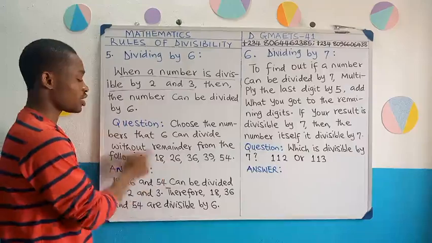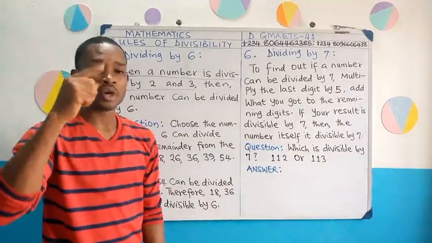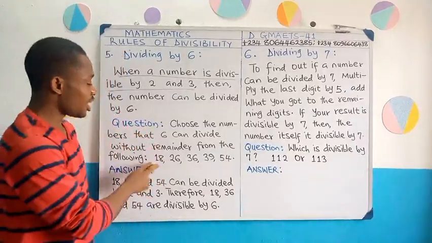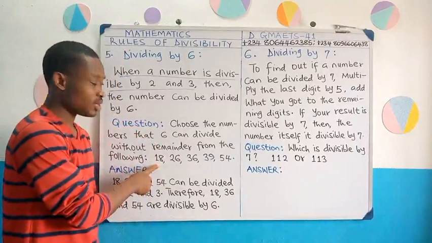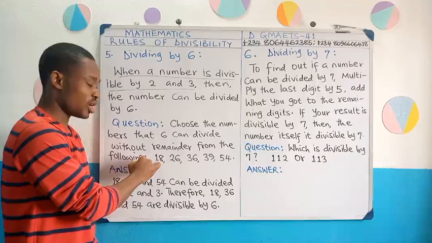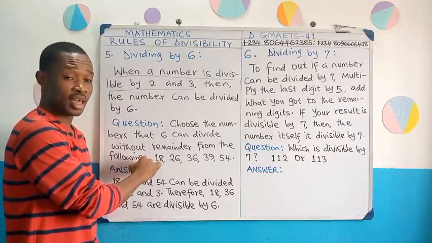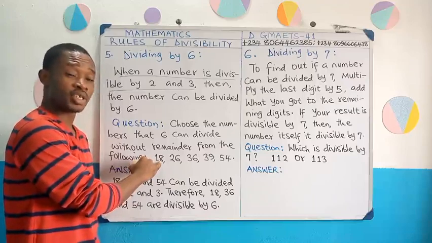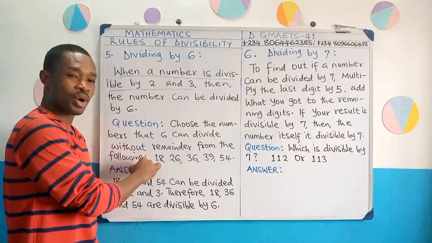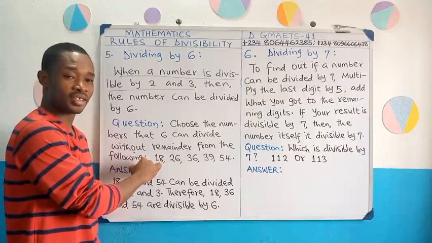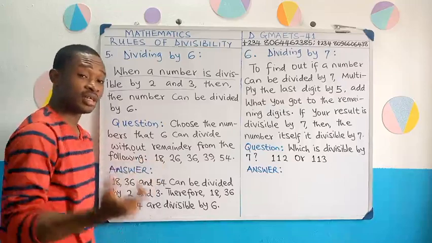Now let us quickly look at this. 18. Remember the rule of divisibility by 2. So can 2 divide 18? Yes. The last digit in 18 is 8, which is an even number. So 2 can divide 18. Can 3 divide 18? Yes.